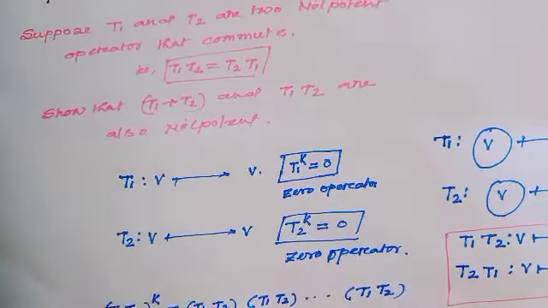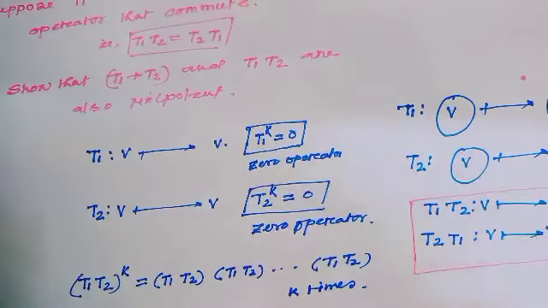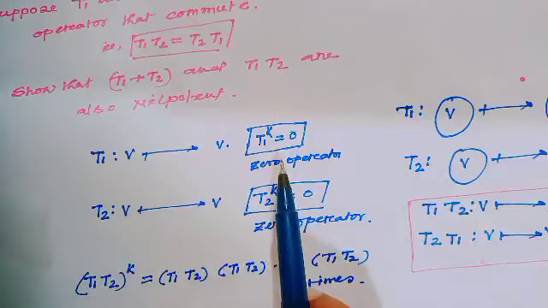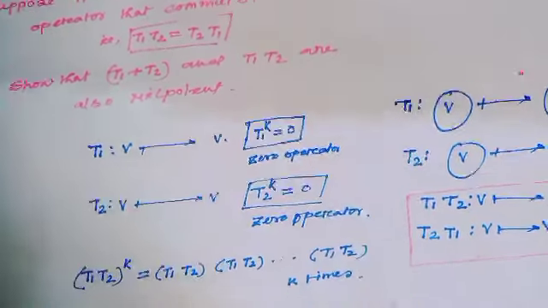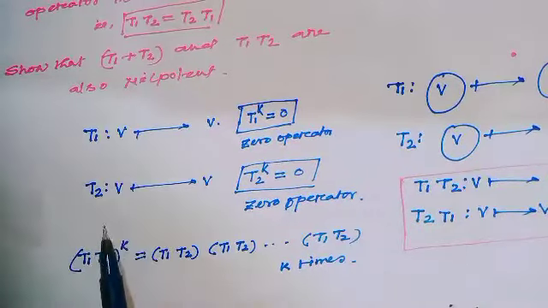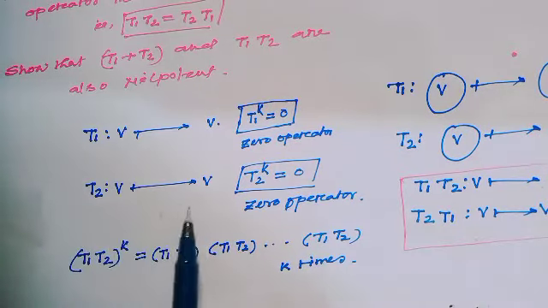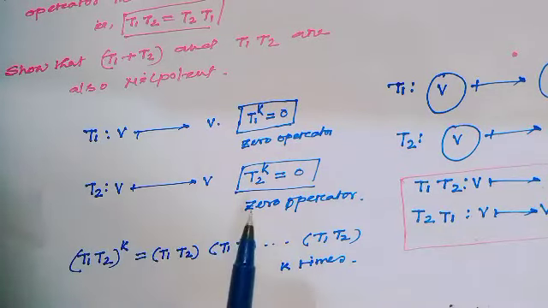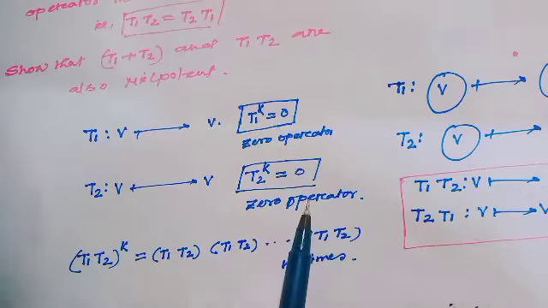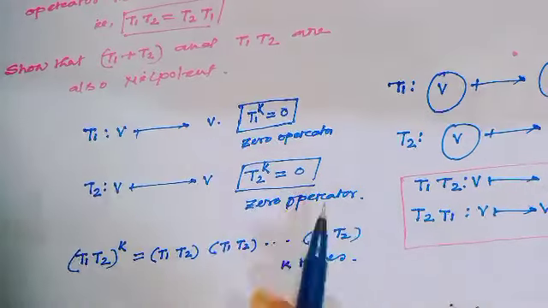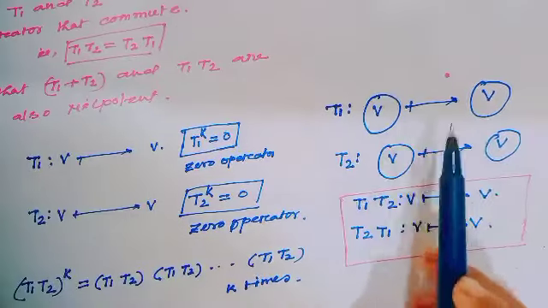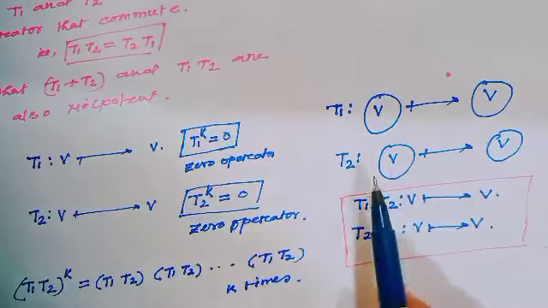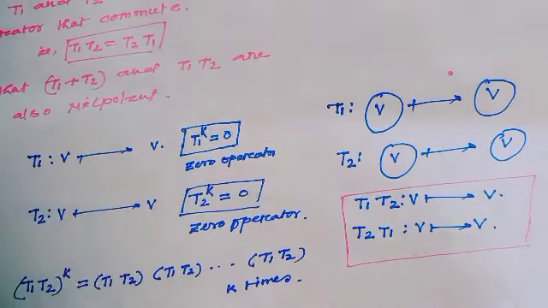For this, consider a linear transformation T1 from vector space to vector space such that T1 to the power k equal to 0 operator. Also consider a linear operator T2 from vector space to vector space such that T2 to the power k equal to 0 operator. And the mapping is such type: T1 maps from vector space to itself and T2 maps from vector space to itself.